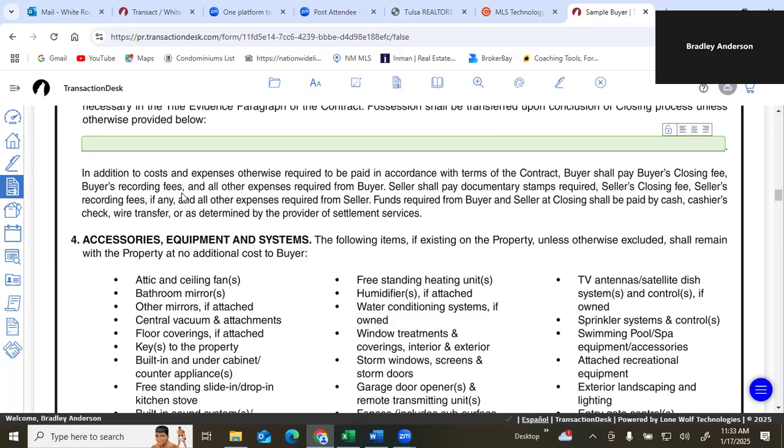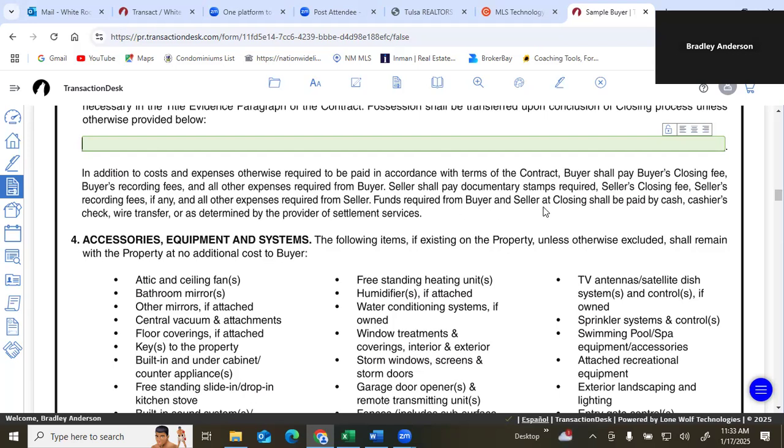This includes the buyer's agent's commission, unless it's entered into within the contract. All right. Seller shall pay documentary stamps required, seller's closing fee, seller's recording fee, if any, and all other expenses required from the seller. Again, including the seller's agent's commission.